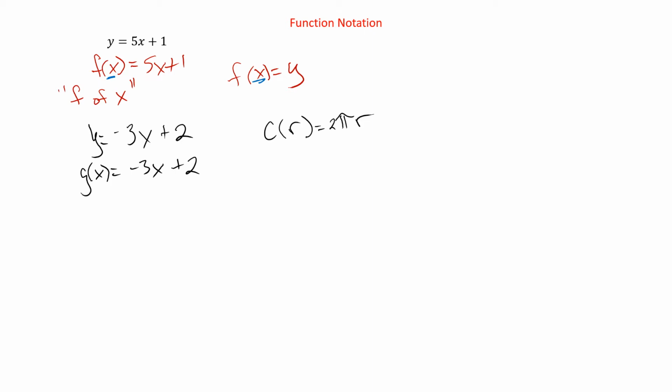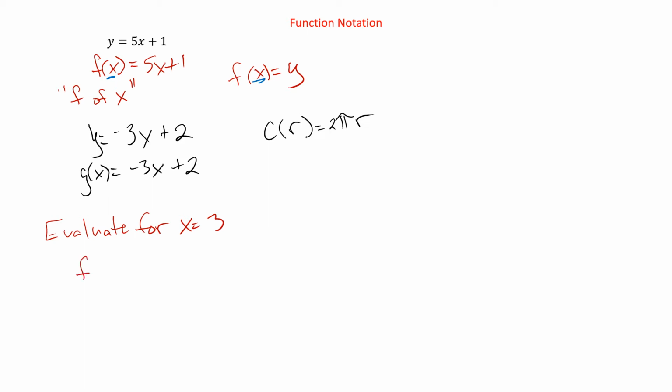That's one of the reasons why we do it. Another reason why we like using function notation is when we go to evaluate. If we wanted to evaluate this for x equals 3, we would just replace all the x's with 3's.